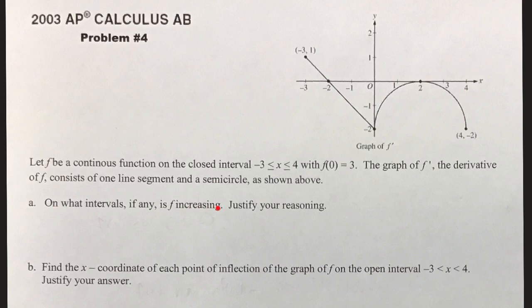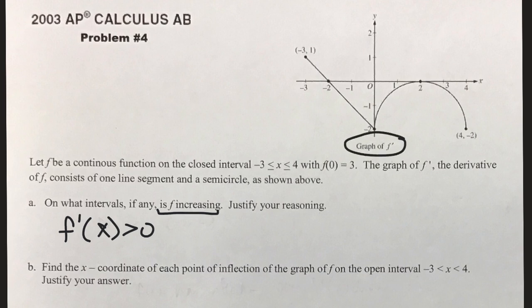On what intervals is F increasing? If you think about your F, F prime, and F double prime connection, F is increasing when the derivative is greater than 0. So we are looking for where this graph, which is F prime, is above the x-axis. And it looks like that only occurs between -3 and 2.